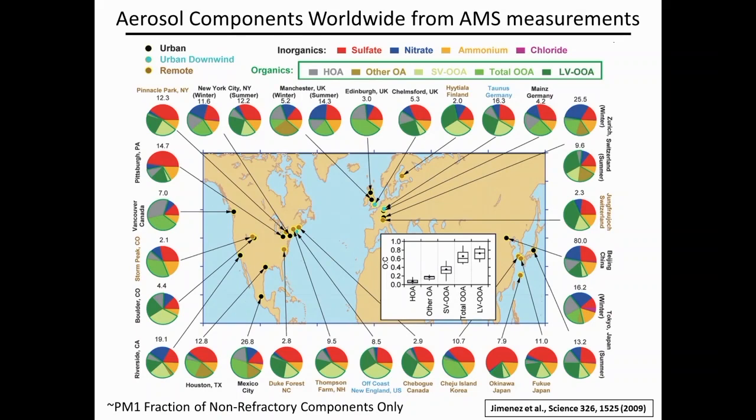About 20 years ago, we didn't even know that there were organic components in most of the aerosol. But the organic components here are shown by the green and grey parts of the pie charts. And you can see that most places that we've been to measure the aerosol particles, you see a significant fraction is made up of organic components.